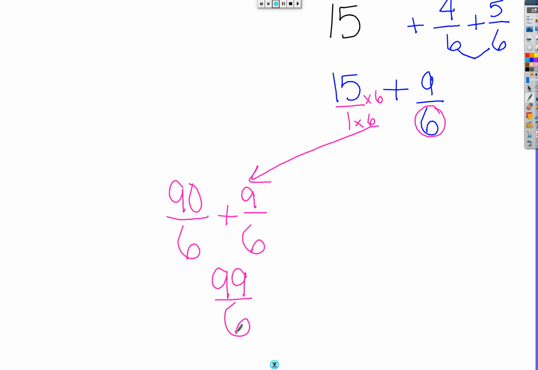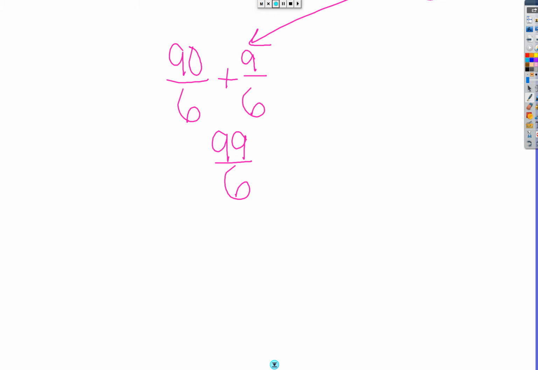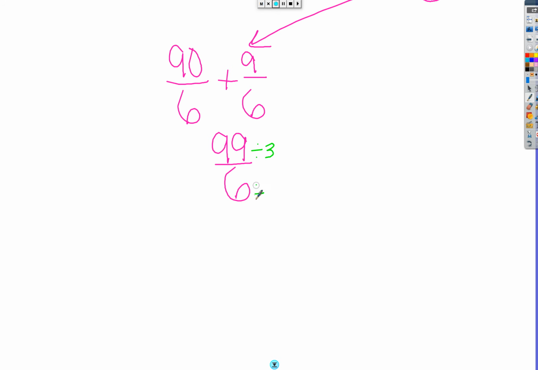This is considered an answer. It is correct, but if you wanted to simplify the answer, you could divide the numerator by 3 and the denominator by 3. And so I end up with 33 over 2, or 33 halves. So that's another answer.